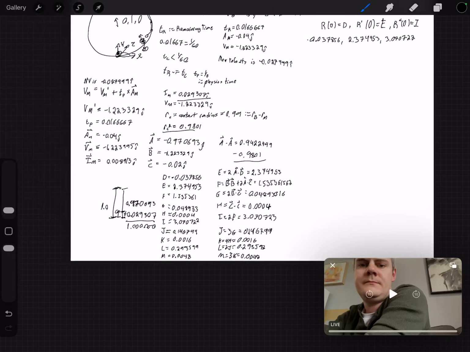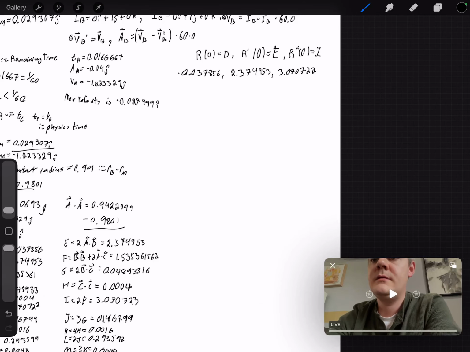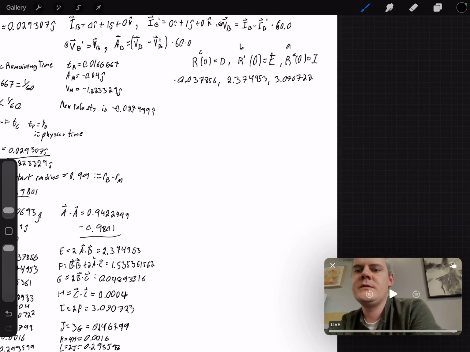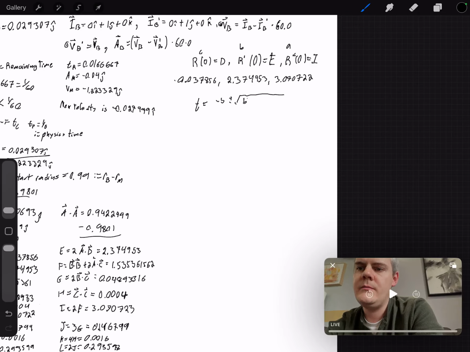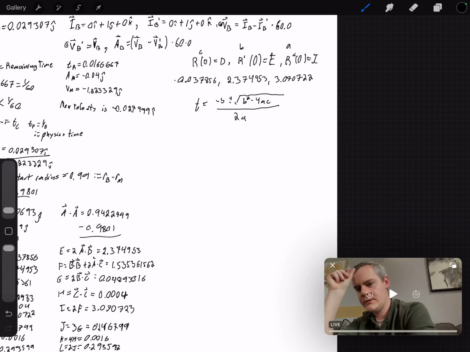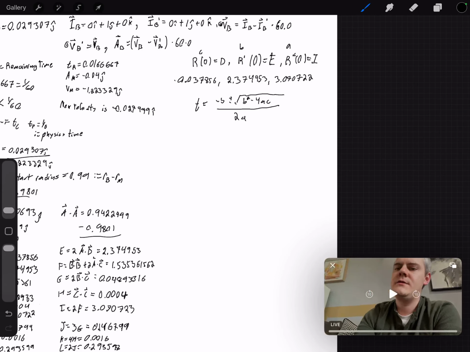And then what I'm saying, if you call this A, B, and C, you can say T is equal to negative B plus or minus square root of B squared minus 4AC, all over 2A. And so this term is interesting.